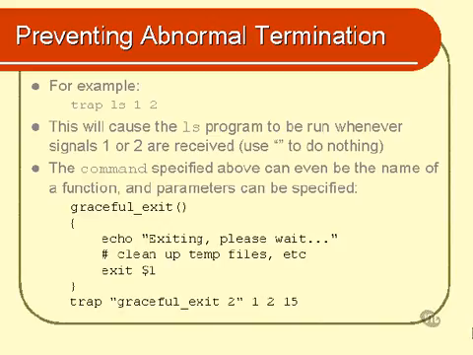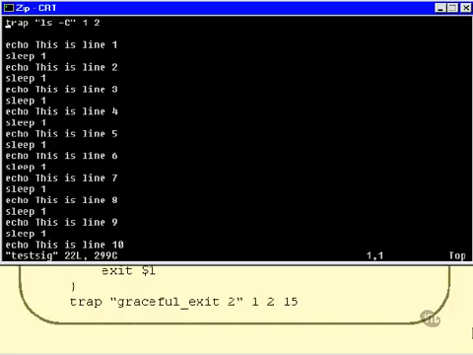Here is a script I've called testsig, and as you can see it just echoes a bunch of lines out to the screen and then sleeps for 1 second between each one. That should hopefully give me about 10 seconds to get a kill in process when I actually start the script. And if I receive a signal 1 or a signal 2, then I run an ls -C. So what I'd like to see happen is this is line 1 appear on the screen, then a second later this is line 2, then a second later this is line 3.